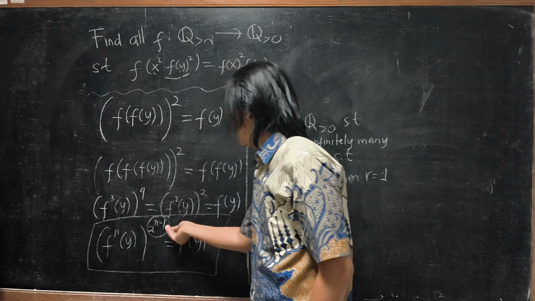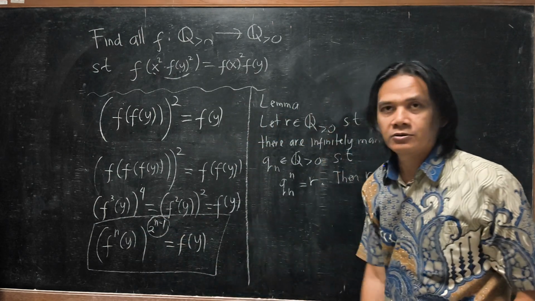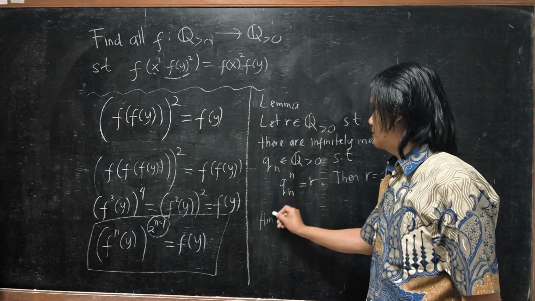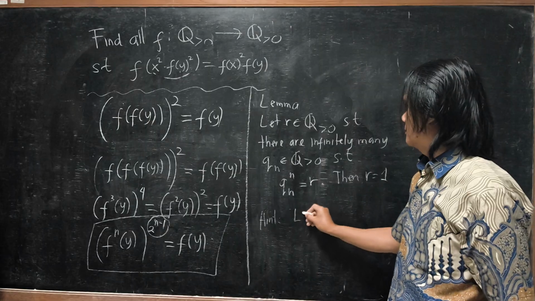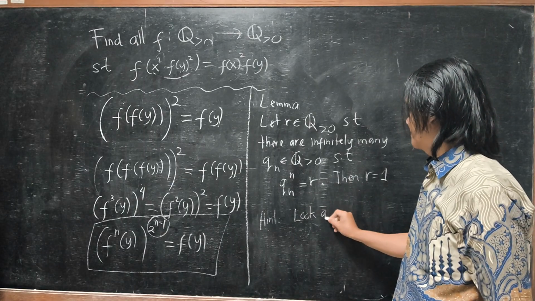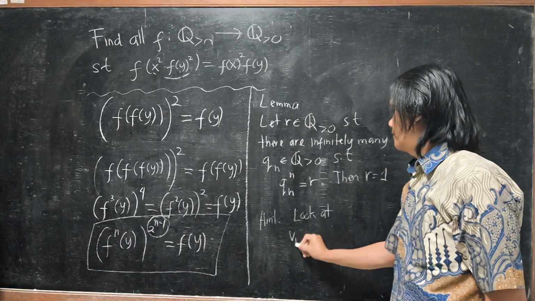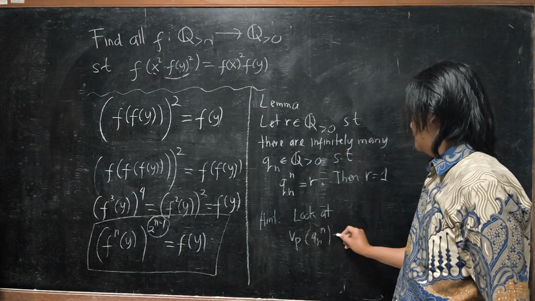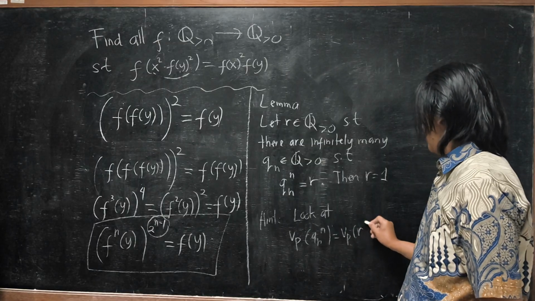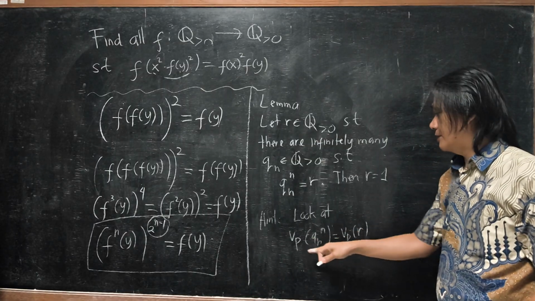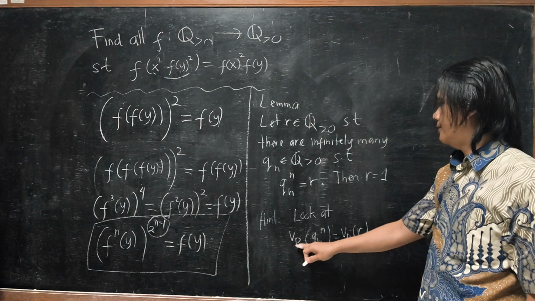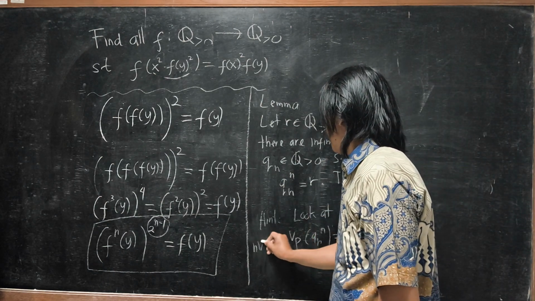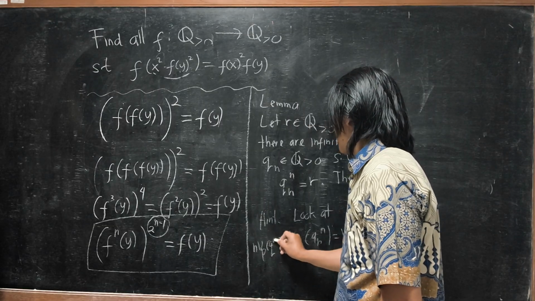If this lemma is true, then we conclude f of y must be equal to 1. The hint for this lemma is to look at the valuation v_p of q_n. This is basically the proof. The valuation of p on this rational number is exactly n times v_p of q to the power of n.